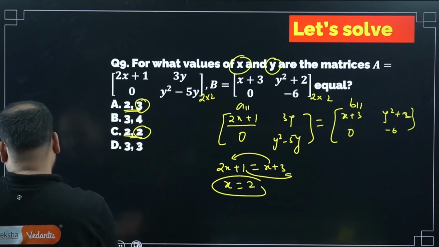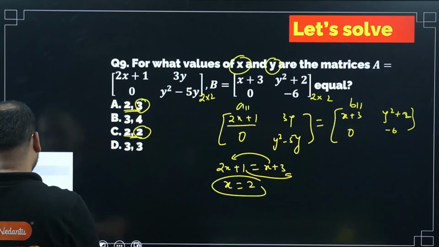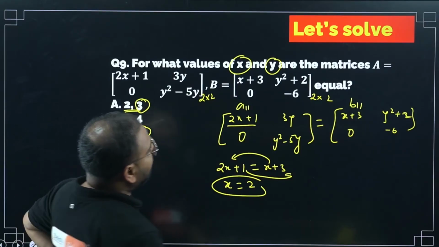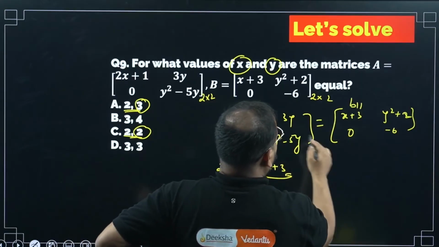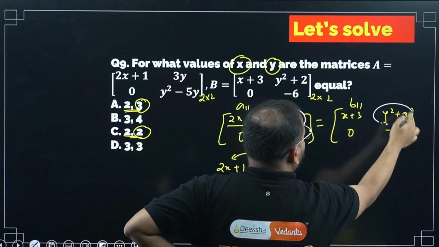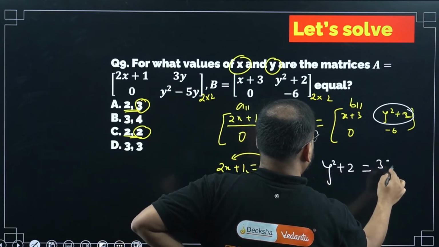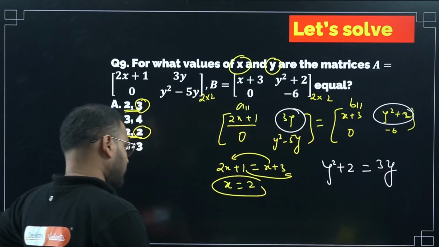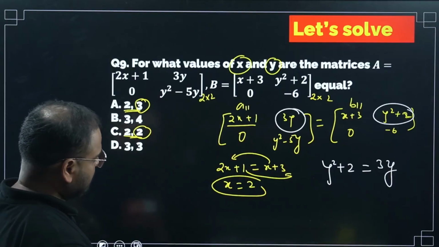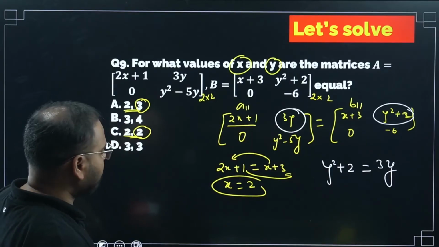Let's put the values of y and get the equation for y. So I have y square plus 2 equals 3y. Now check.